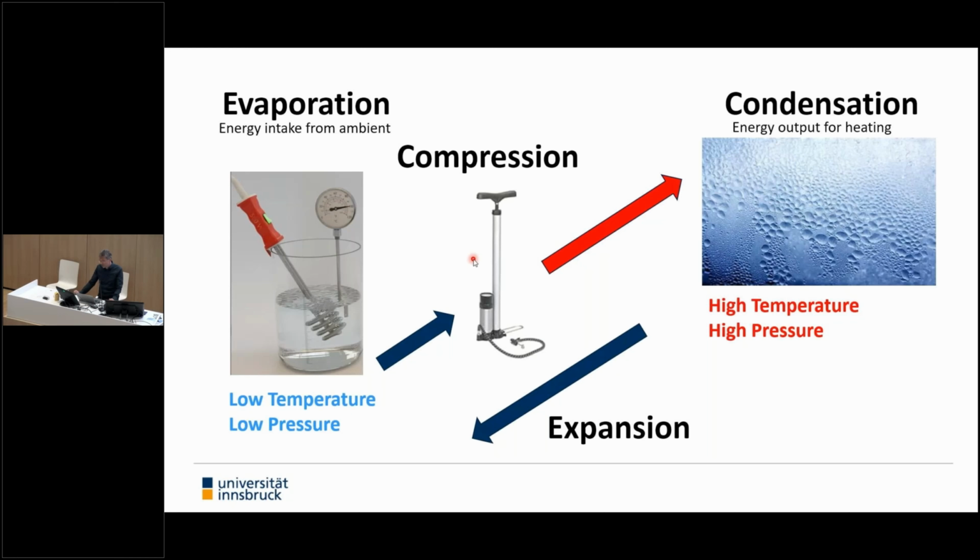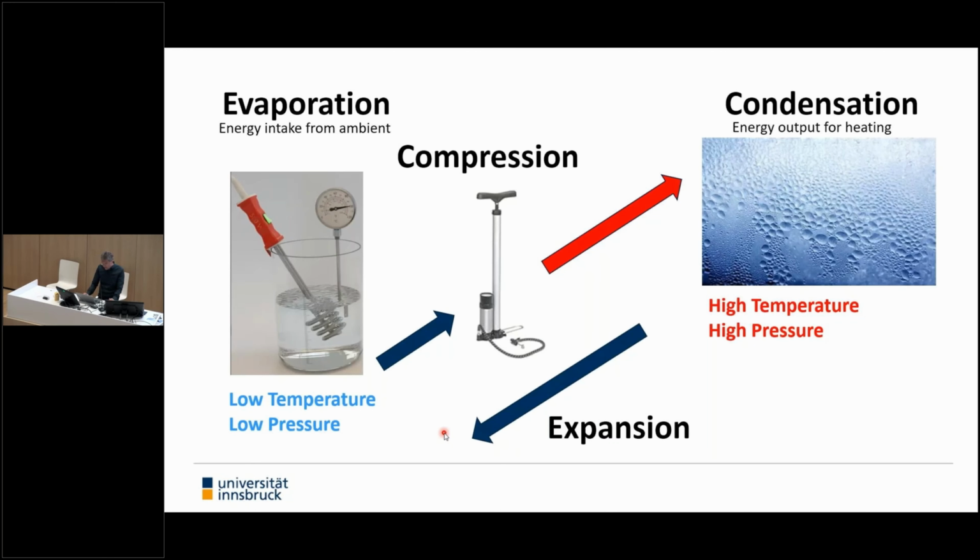It's cooled. So we take the vapor from our evaporation, we compress it, so we end up with higher temperature and high pressure, and then condensation will take place. And in order to come back to this low temperature, low pressure, we have to expand the refrigerant.